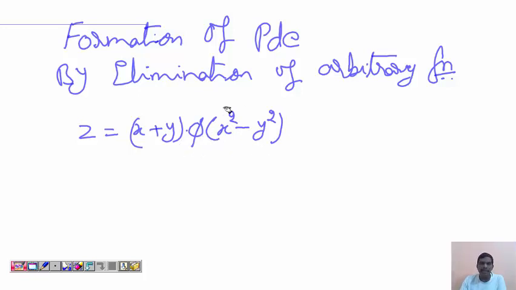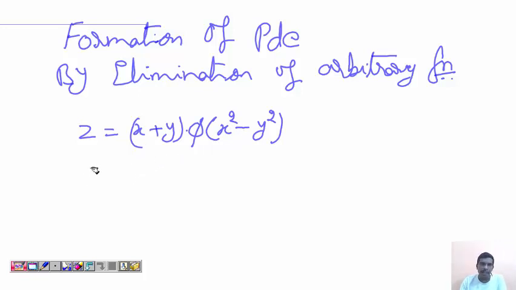You have to eliminate this arbitrary function phi and then form a differential equation. Eliminate means you have to find the values of the arbitrary function in terms of derivatives, and then you replace that value in the given equation, and that will lead to the partial differential equation.